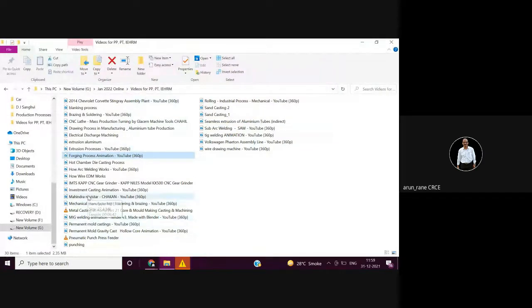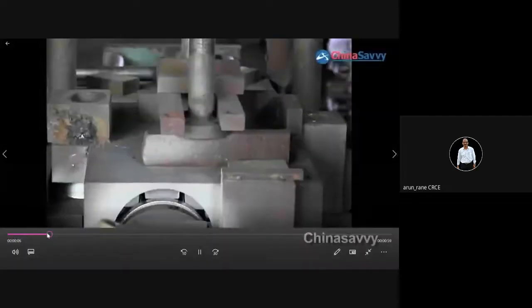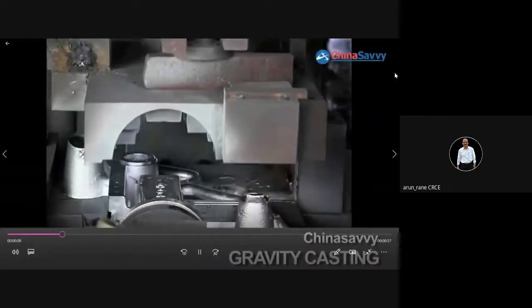Investment casting, etc. This also you have seen.